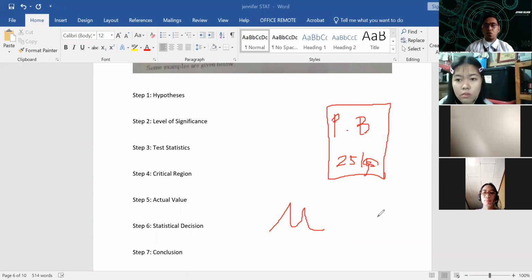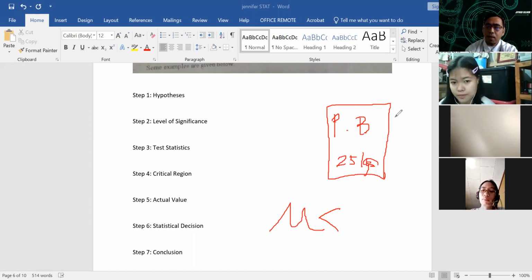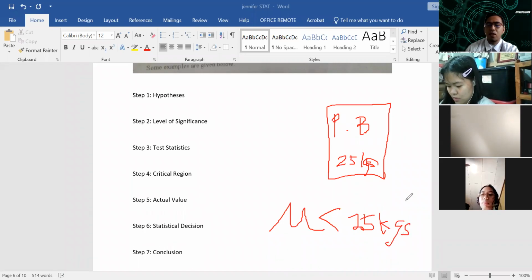So to be sure that your claim is true, you need to use statistics. So your claim is the population mean of the weight of this Princess Bea half sack of rice is less than 25 kilograms. Okay, that is your claim. To test whether this is really true, you get a sample.